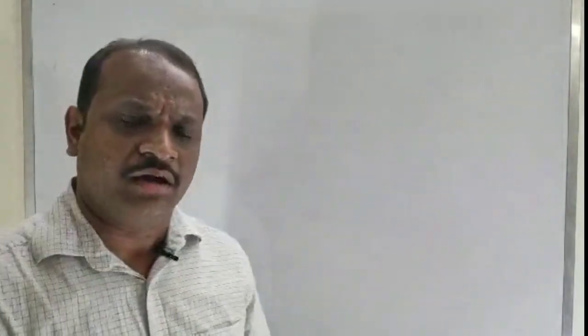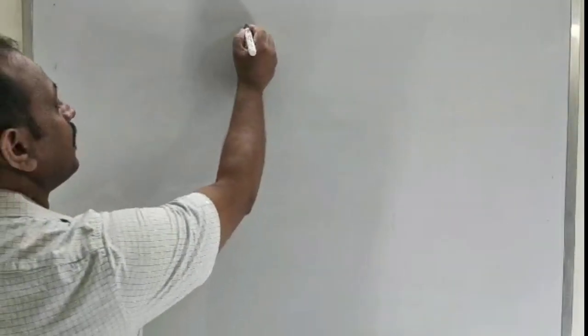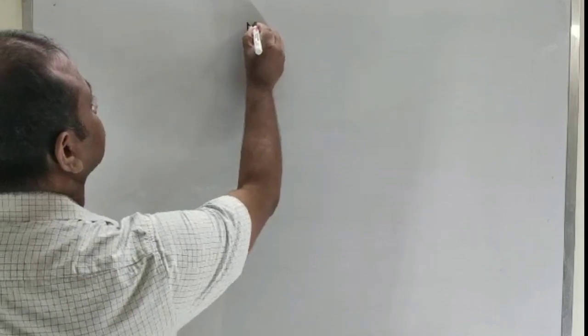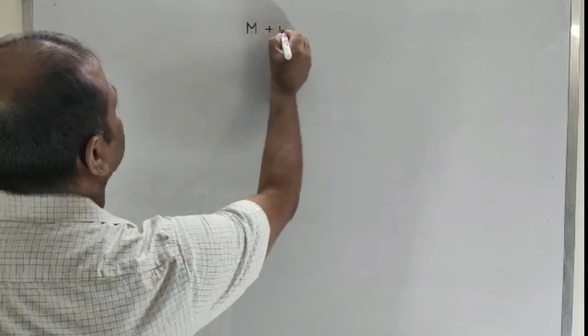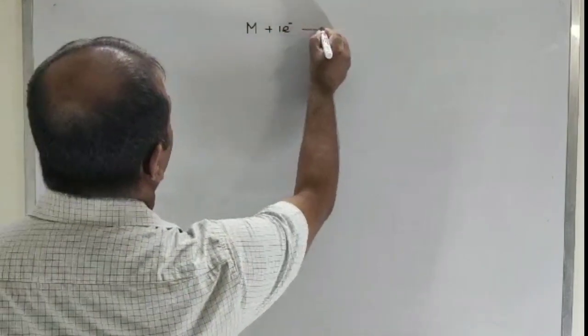Now the next point regarding electron gain enthalpy. See, when we talk about electron gain enthalpy, you know what is the definition of that? It is the energy released when an electron is added to an isolated gaseous atom. See, I can write like this: M accepting one more electron, you are getting M minus.